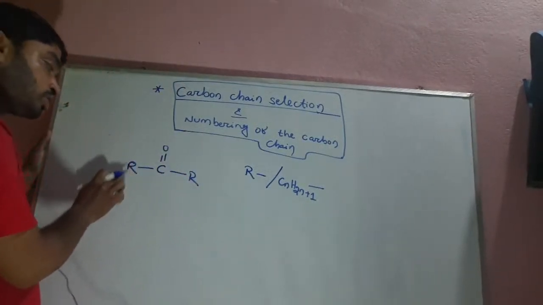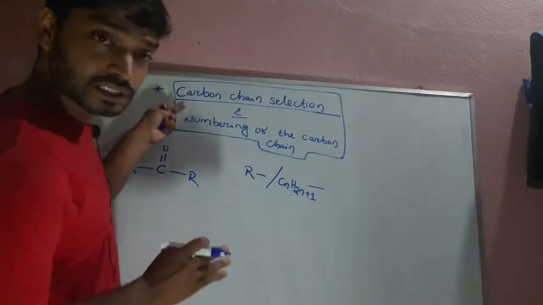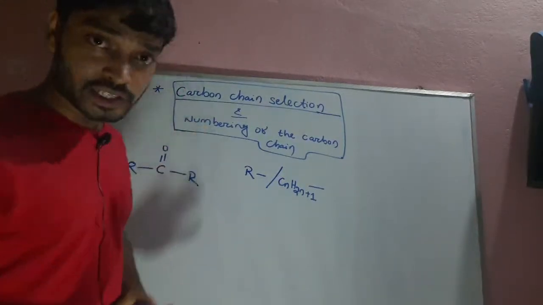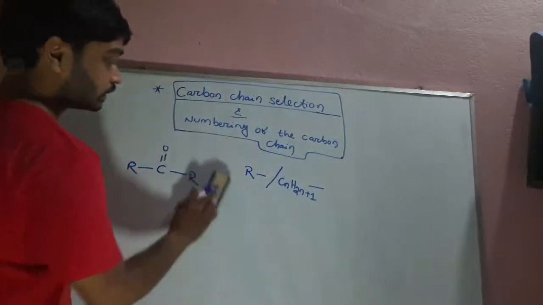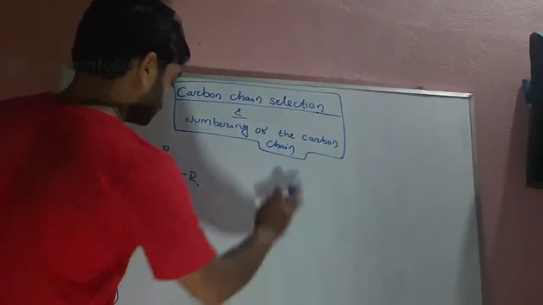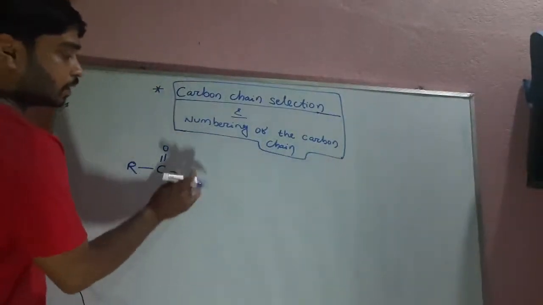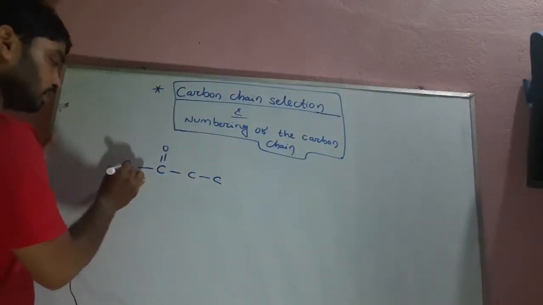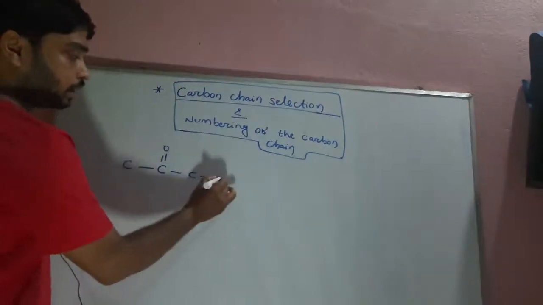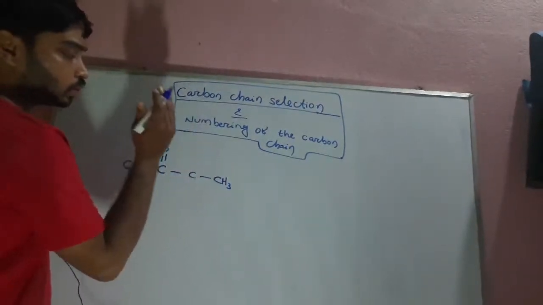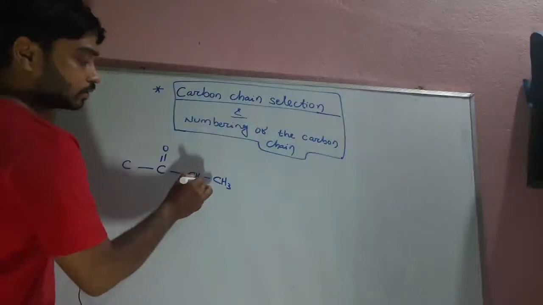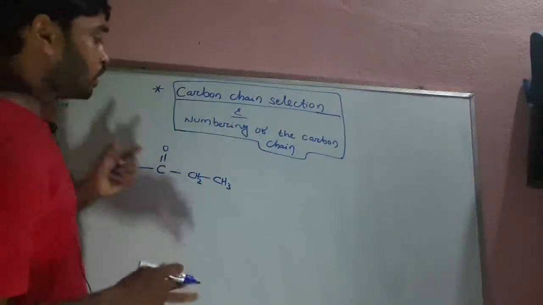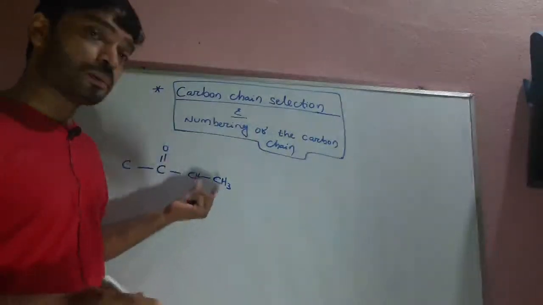Now to select the carbon chain and numbering in this lecture, I put the n value 2 here and also the n value 1. If I put the n value 2 on the right side, then the carbon in the alkyl group will be 2 and the hydrogen will be 5.